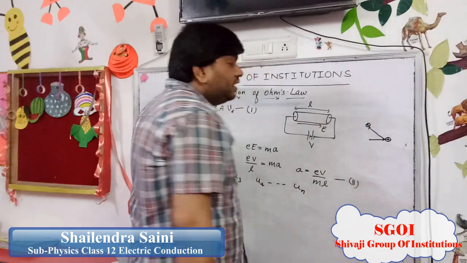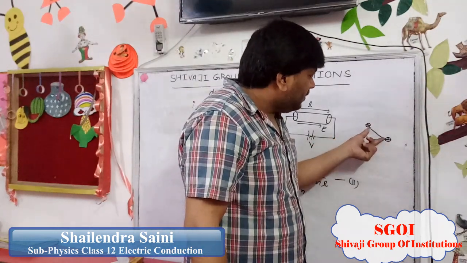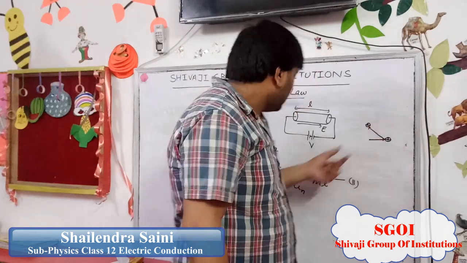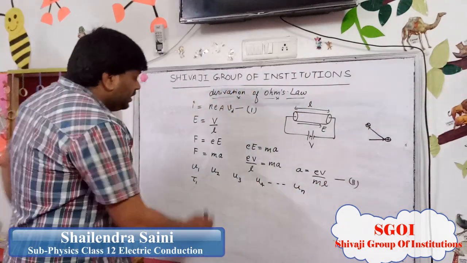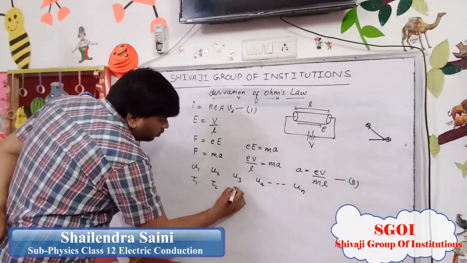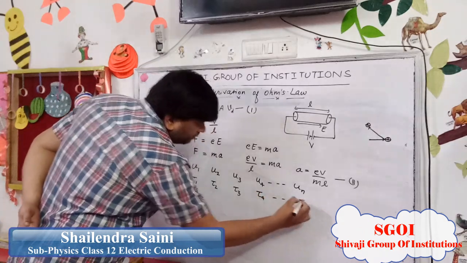The time it takes to go from one ion to the next is denoted here as tau1. Similarly for the second electron it is tau2, tau3, tau4 and so on, tau n.